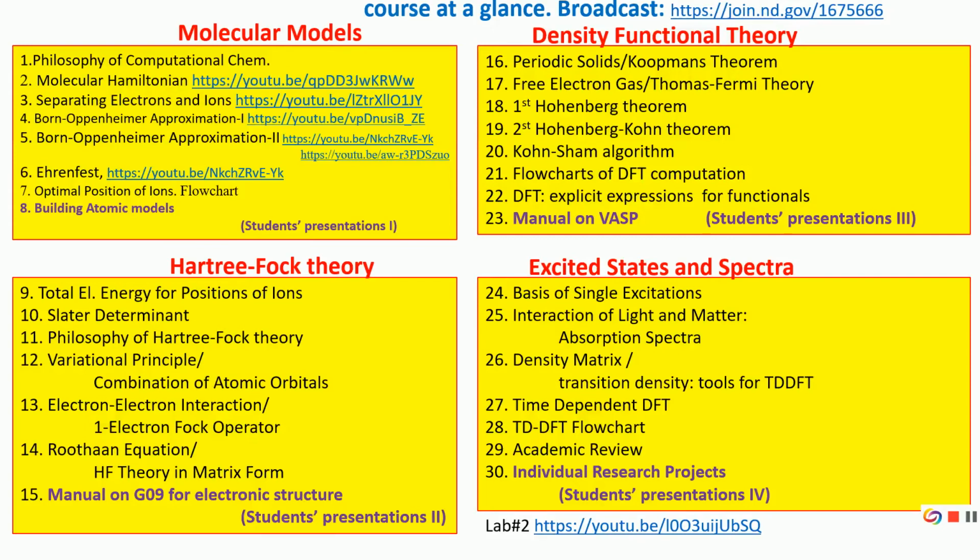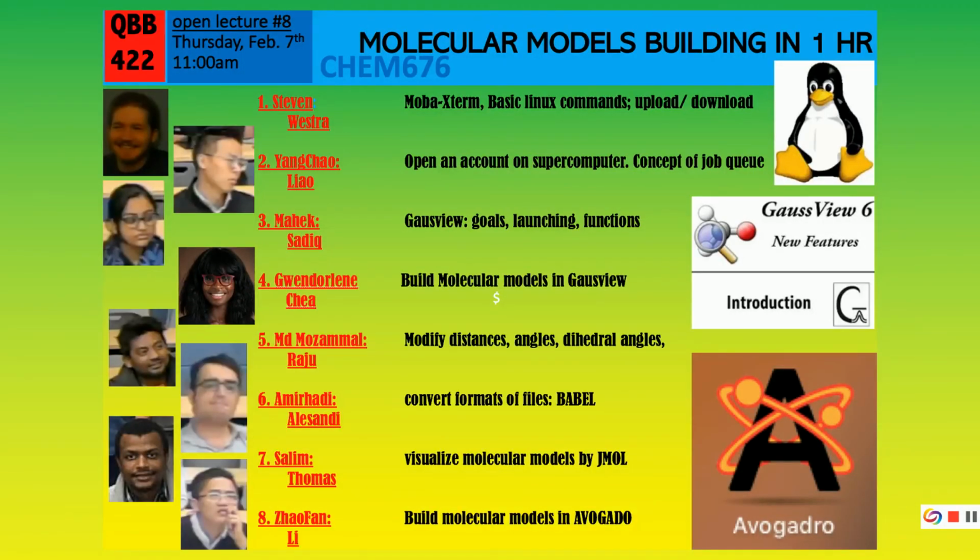By now, we are at the end of the hopefully successful completion of the first four chapters. At the end of each chapter, there will be presentations like this. This first chapter was theory and fundamental background for this course, and practical aspects in the labs for building models, which is an important step for entering the world of computational chemistry, because without models you cannot do anything.